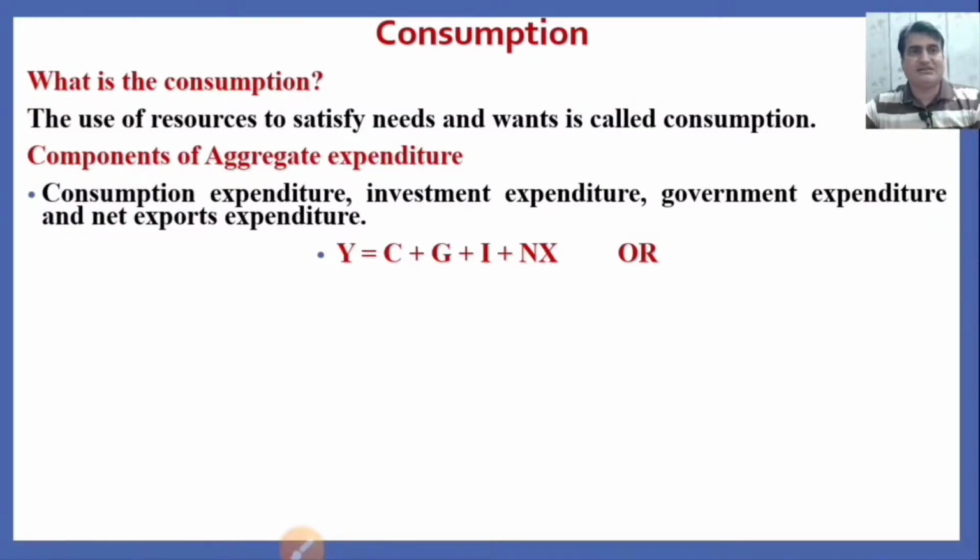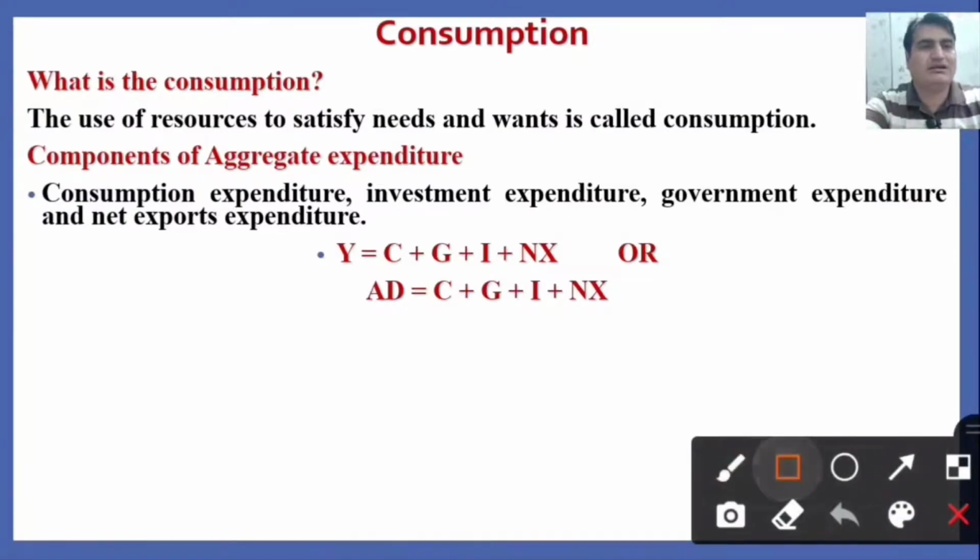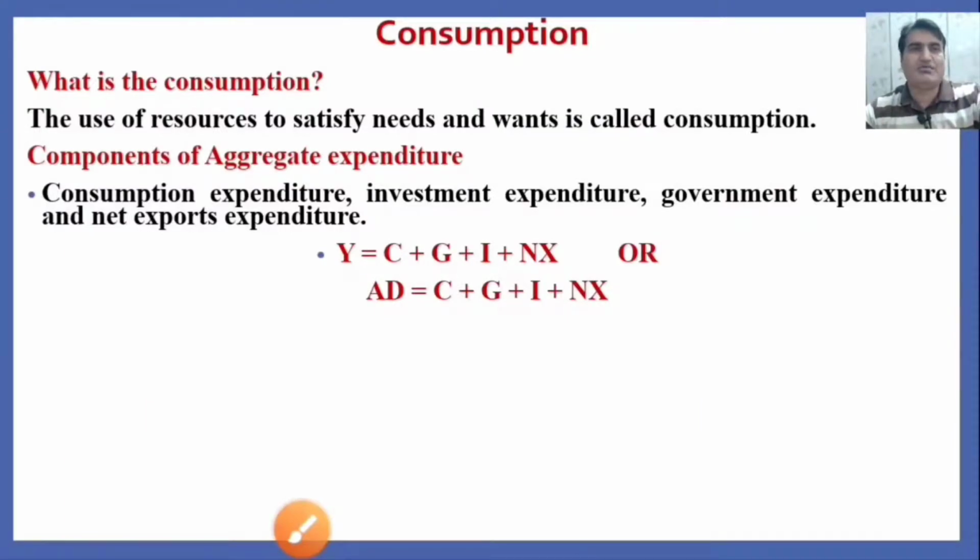It means C stands for consumption, G for government expenditure, I stands for investment, NX means net exports. Our aggregate demand is a function of the consumption, government expenditure, investment and net exports, but here we shall only discuss the C, that means consumption, which is the component of aggregate demand or aggregate expenditure.